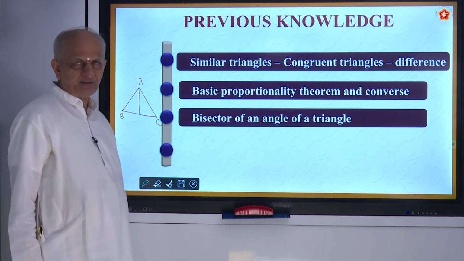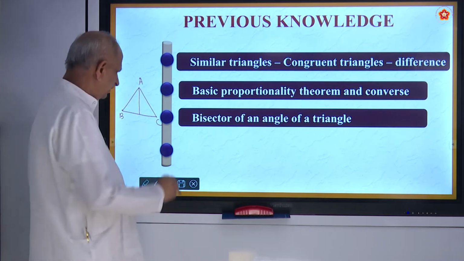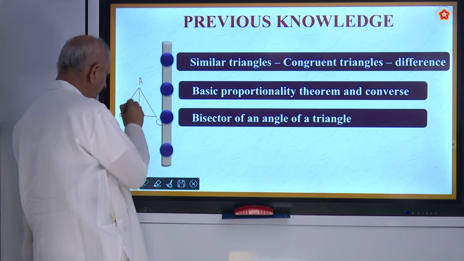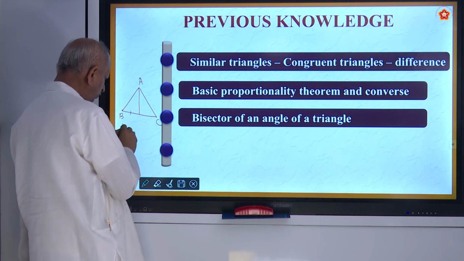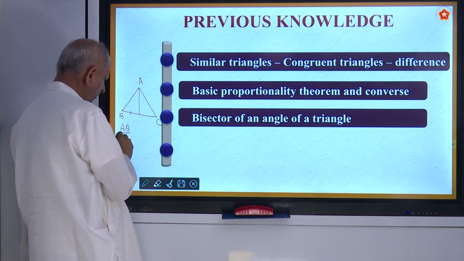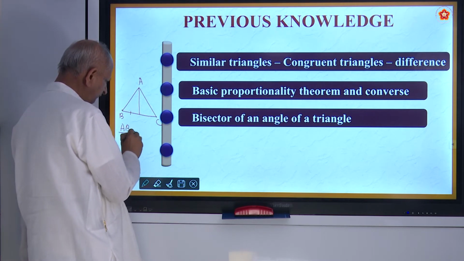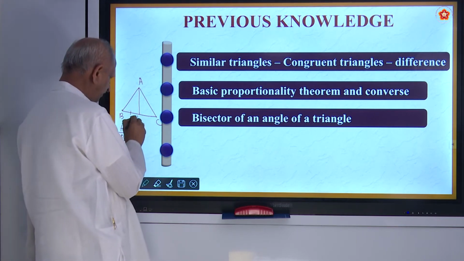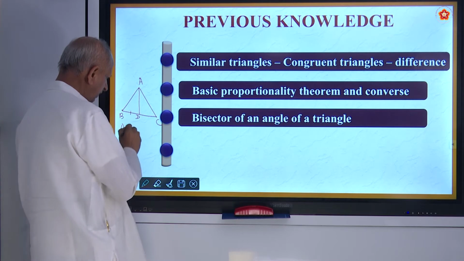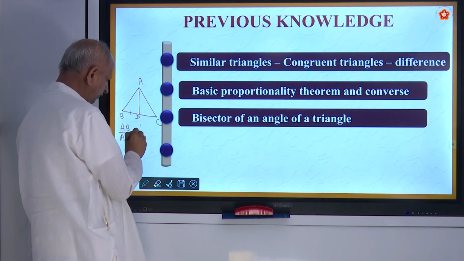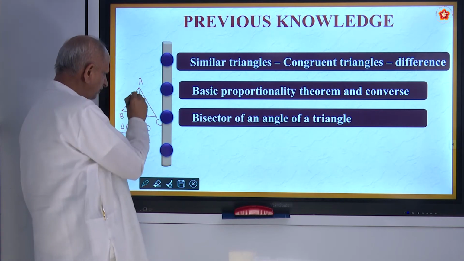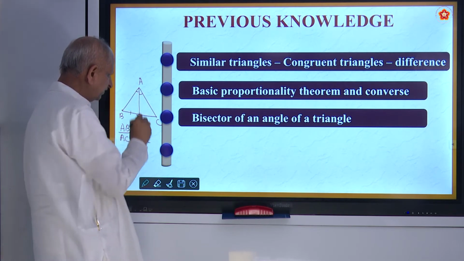The segments produced by the bisector will be proportional to the sides. Suppose you call the point D here, then AB by AC will be equal to BD by DC, when this bisector is drawn.